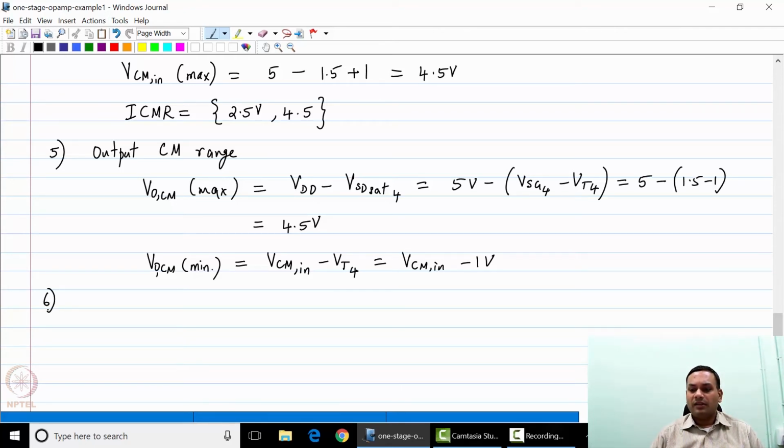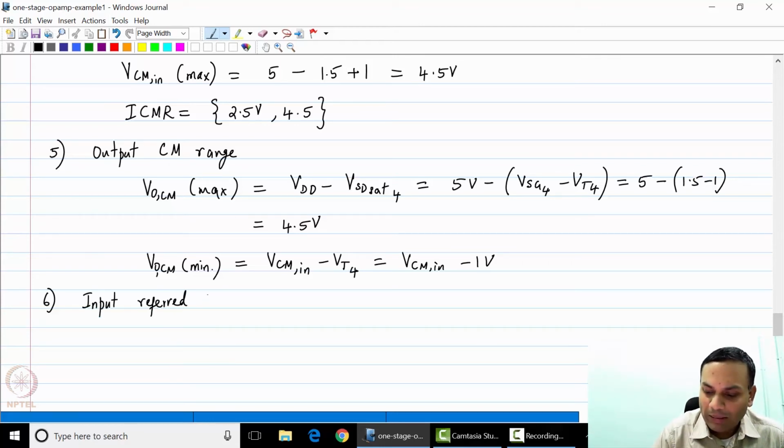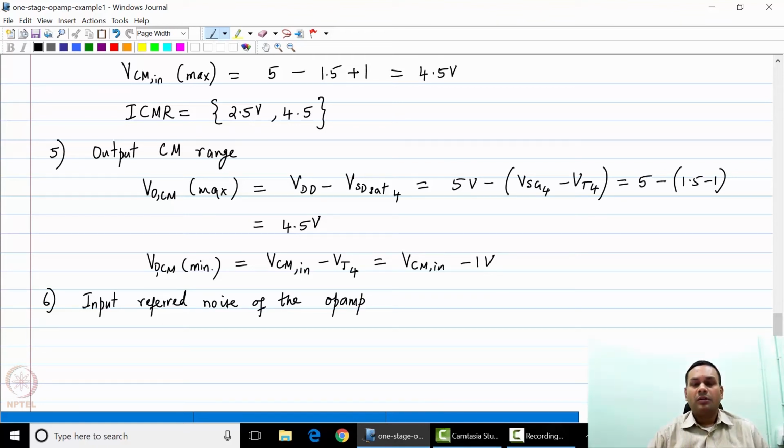Now, the next quantity that we'll calculate is the input referred noise of the op amp. As we have seen before, the input referred noise of the op amp, which we'll represent as En squared, has two components.